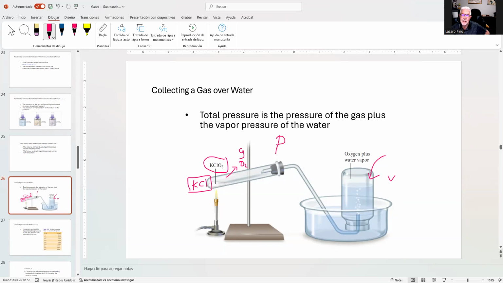This is a lab that we usually do at this level of college, to calculate the experimental R constant.